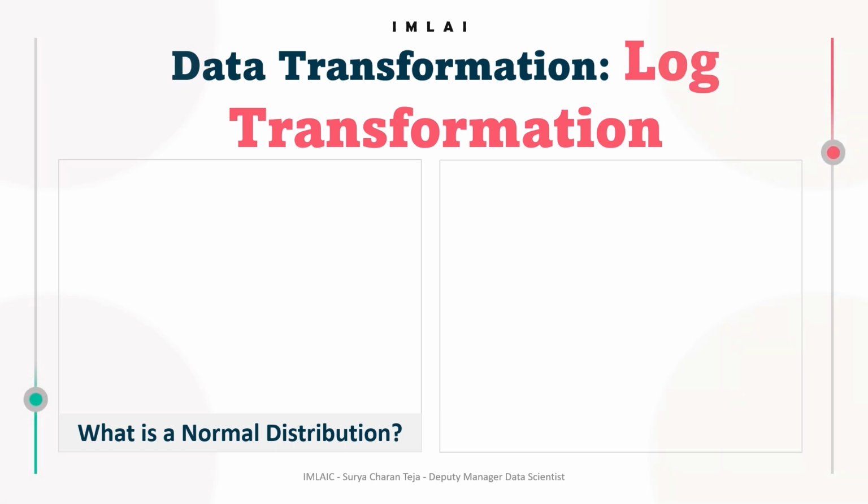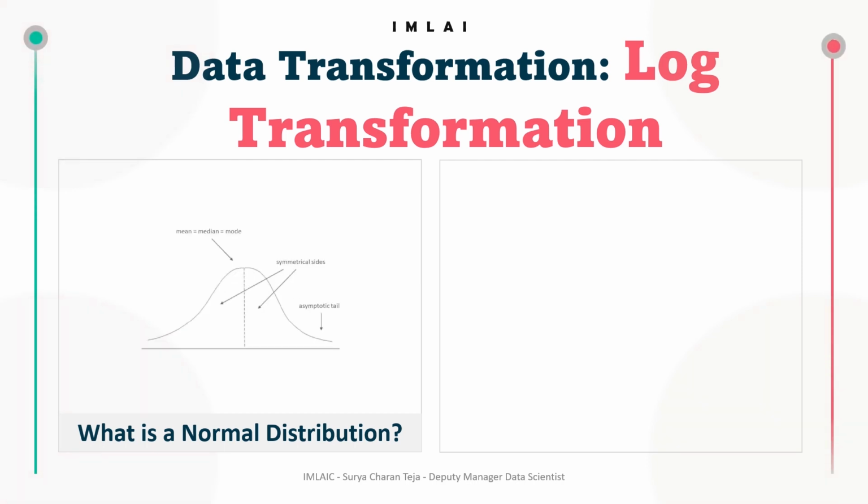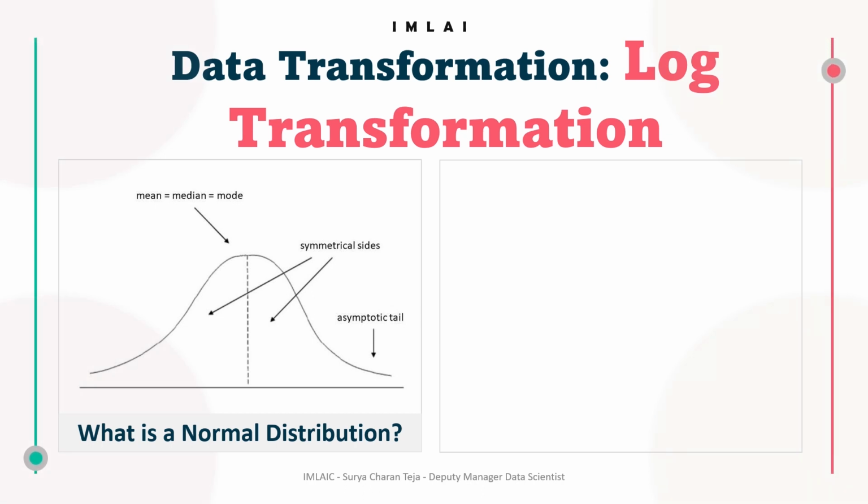Before we get into log transformation, let's quickly talk about normal distribution. Normal distribution is a probability and statistical concept widely used in scientific studies for its many benefits. Just to name a few, normal distribution is simple.